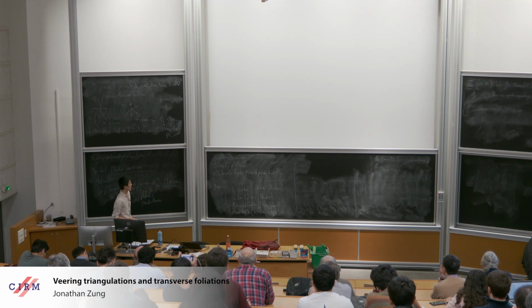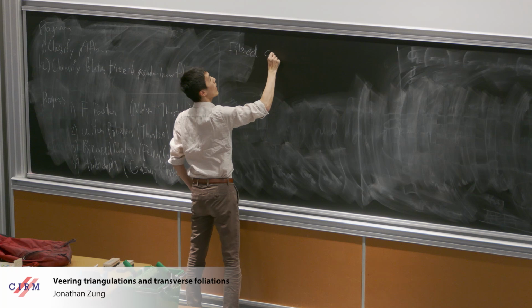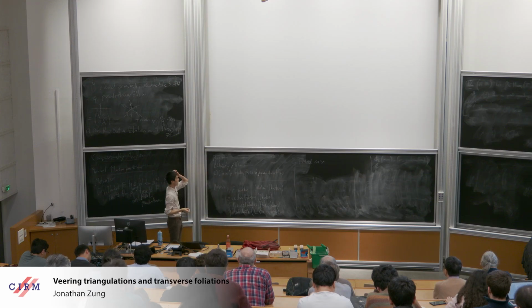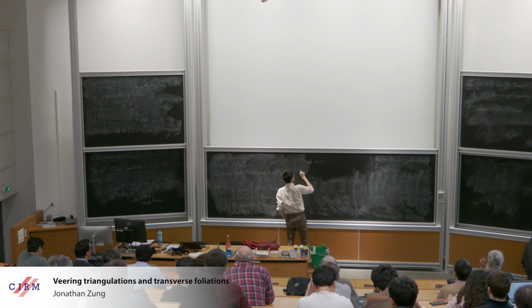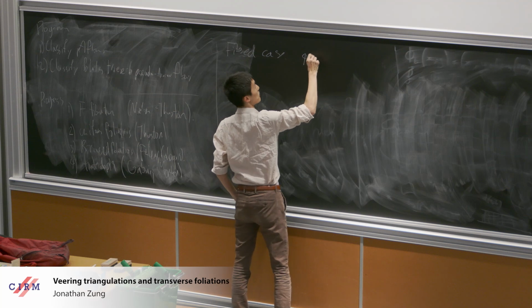So let me say a few words about this program in the fibered case. In the fibered case, it's very easy to understand all the fiberings transverse to a given pseudo-Anosov flow. So say phi is a pseudo-Anosov flow.